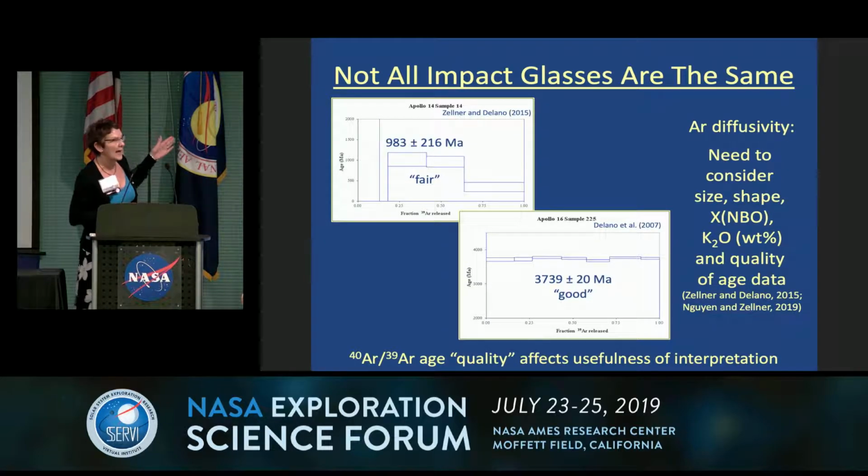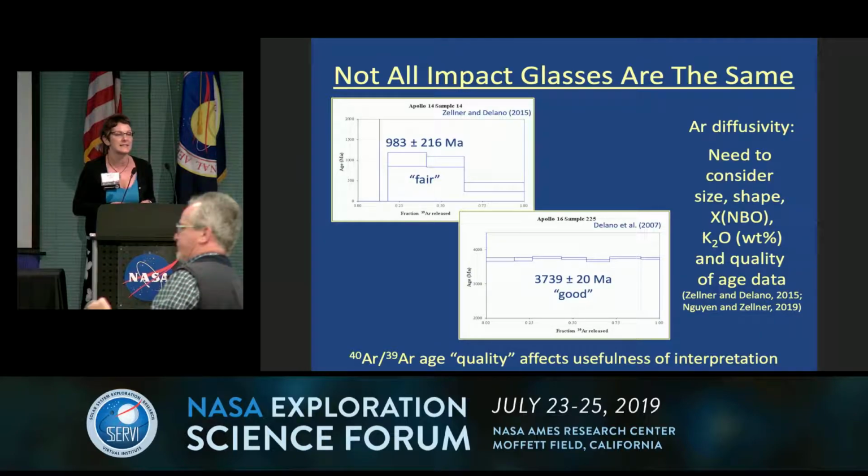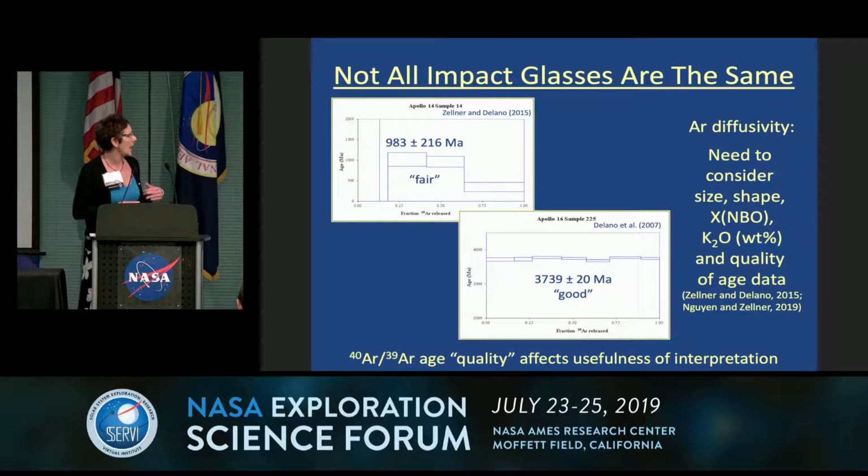On the y-axis, you can see the age of the glass, and along the x-axis is the fraction of argon released. And ideally, you would like to have many different steps that all show the same age, and we call that a plateau, so that's demonstrated by the bottom graph, and we call that a good assignment.